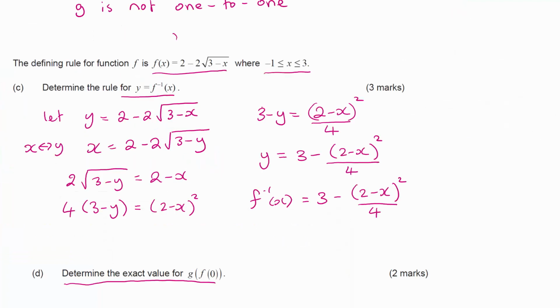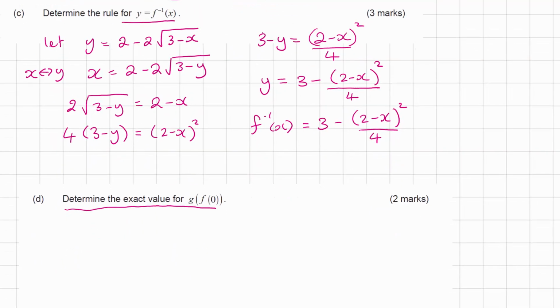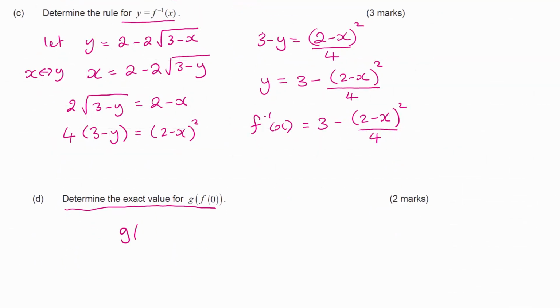So f of 0 is actually at 2 minus 2 root 3. So what we're doing is finding g of 2 minus 2 root 3.